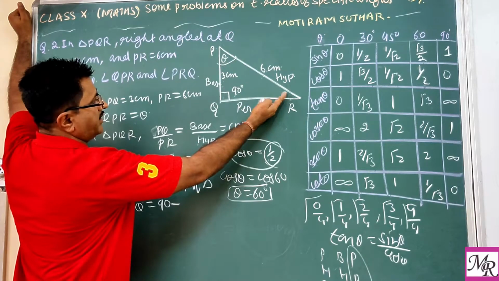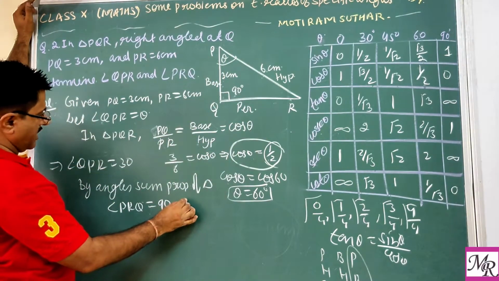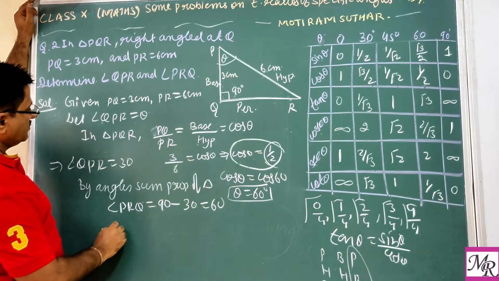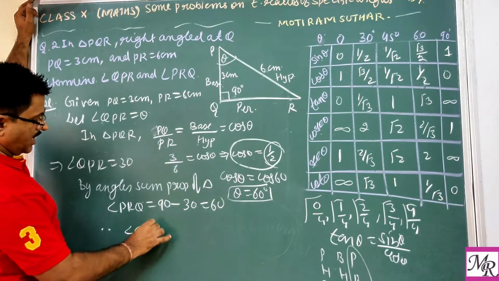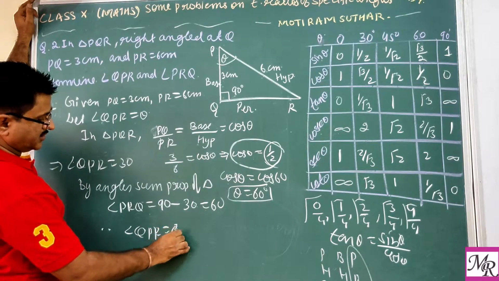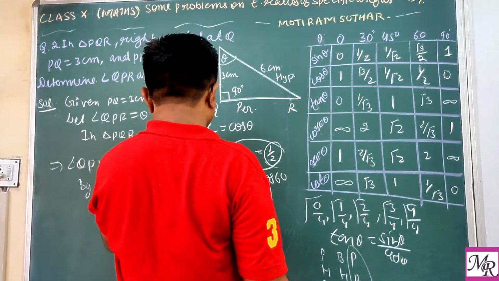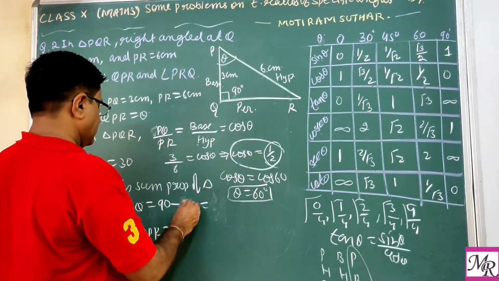So 90 minus this angle. So 90 minus 60, hence we get angle PRQ equal to 30 degrees.